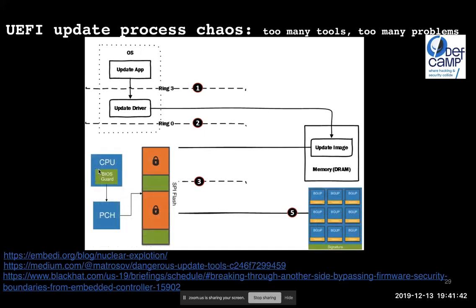On this level of updates, we have BIOS Guard, which basically tries to armor the update process. We actually cover this one because in our Black Hat talk this year, we found multiple problems and reverse engineered most of the flows regarding BIOS Guard.